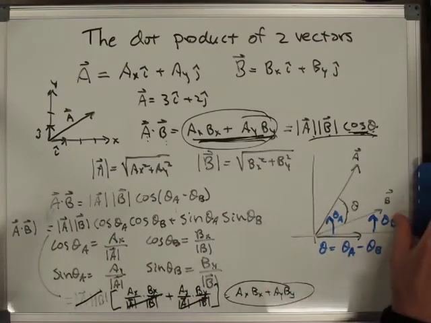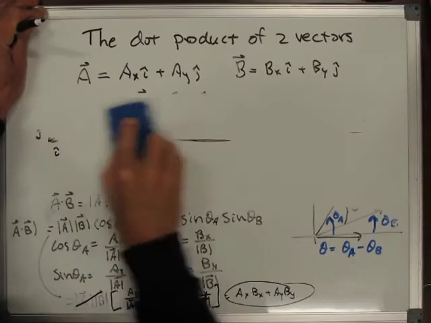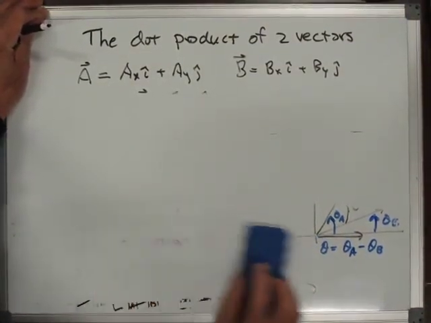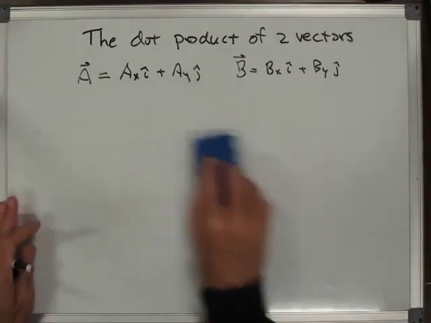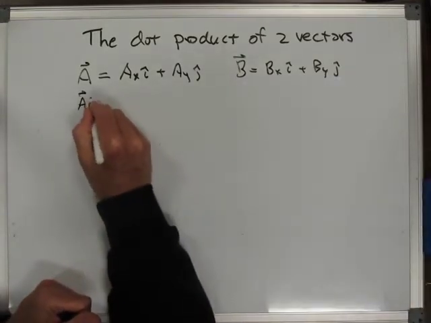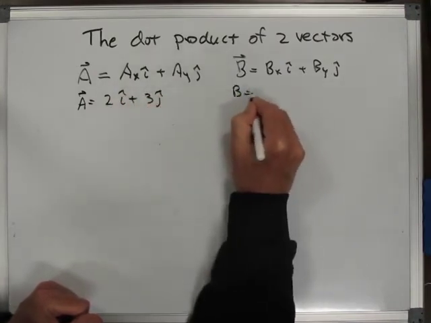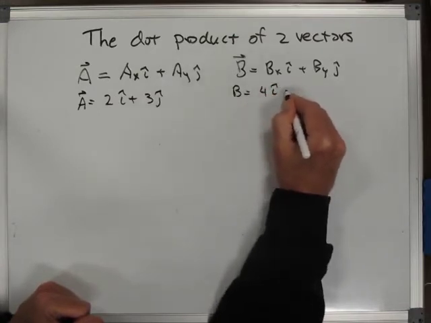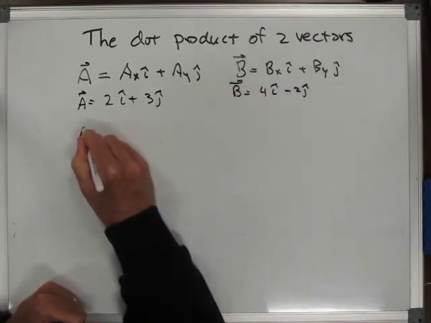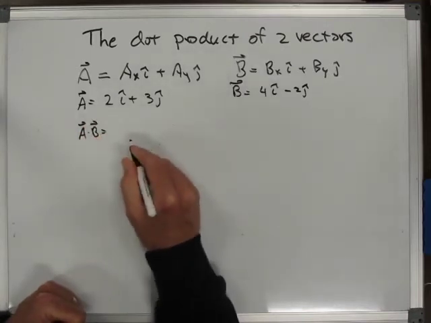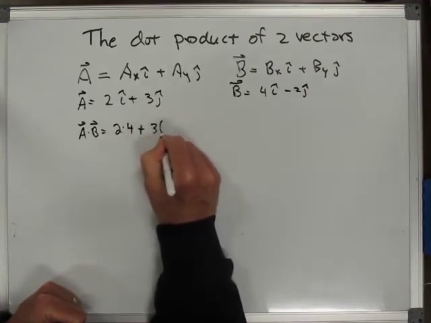And so just to give you one simple example, how this is often used is we could say if A is equal to 2I hat plus 3J hat and B is equal to 4I hat minus 2J hat, then A dot B is equal to 2 times 4 plus 3 times minus 2, right?